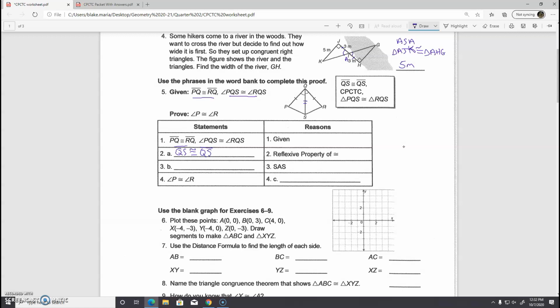So looking at this picture, it says side, angle, side. Remember, side, angle, side is what you use to prove triangles are congruent. So now we know triangle PQS is congruent to triangle RQS. So now that you've proven the two triangles are congruent, now you can say all their parts are congruent.